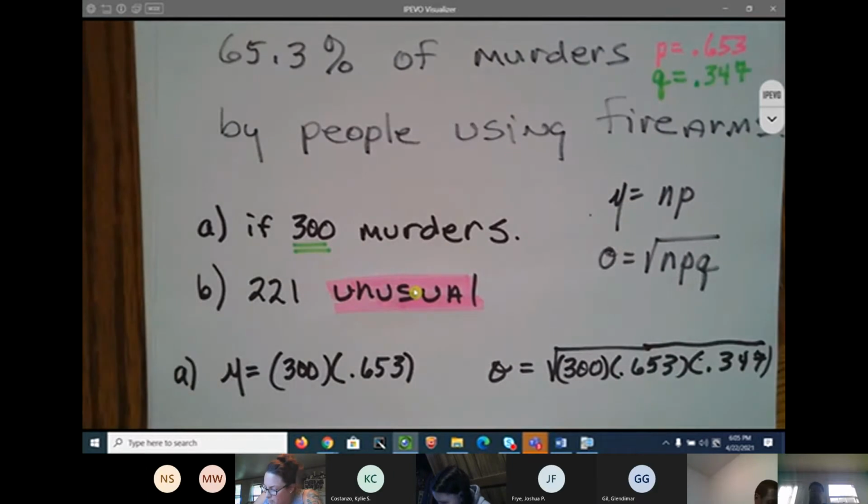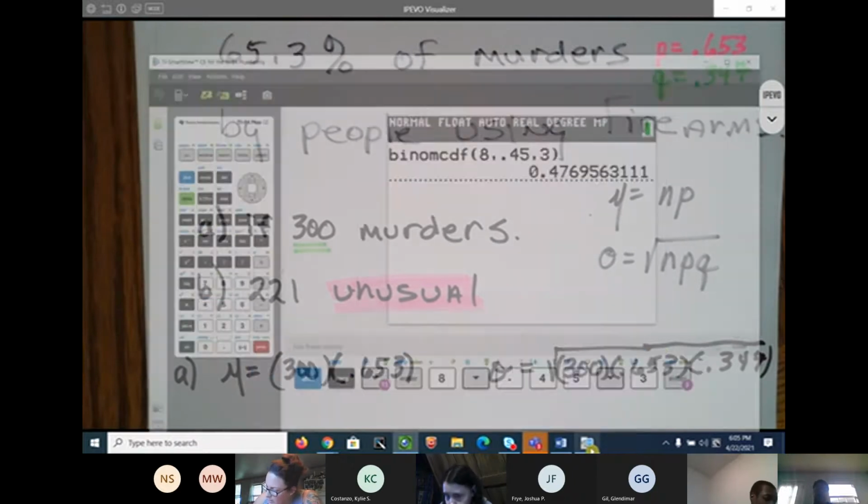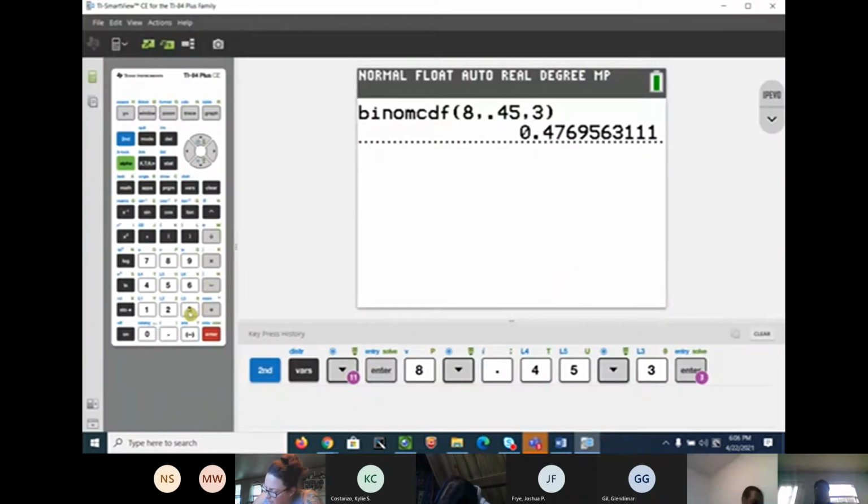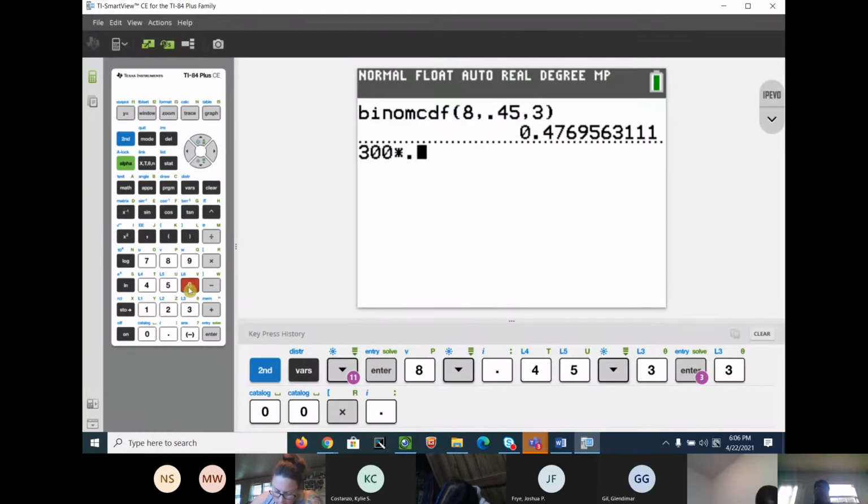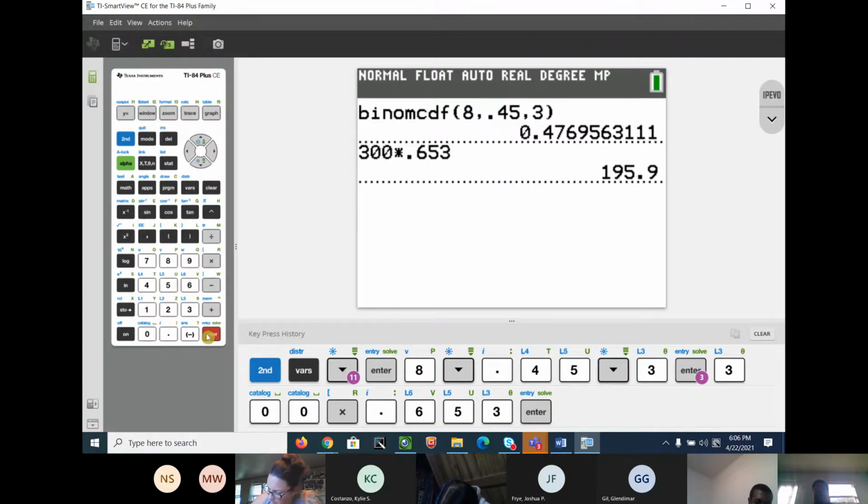Now, there's several ways you could do this in your calculator, and I'm not going to get into the different ways that you could do it. I'm just going to do it. So take your handy dandy calculator and multiply 300 times 0.653, and I got 195.9. So mu is equal to 195.9.